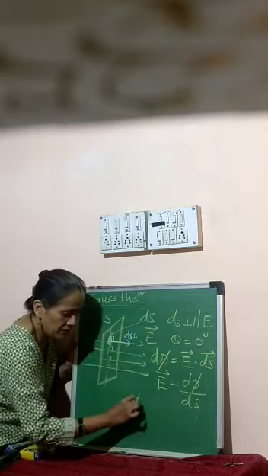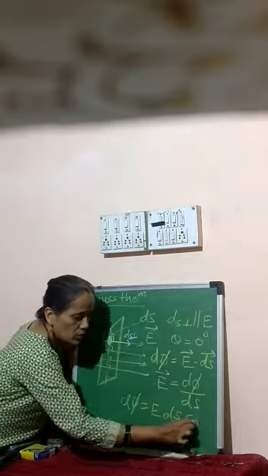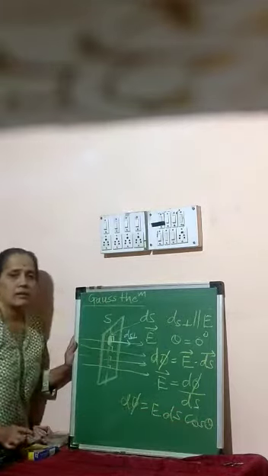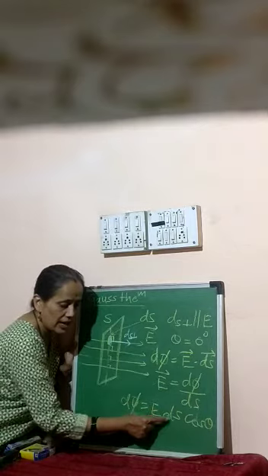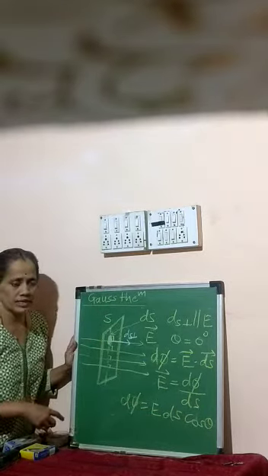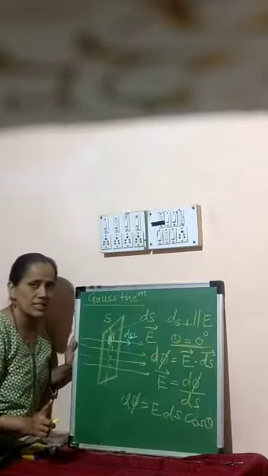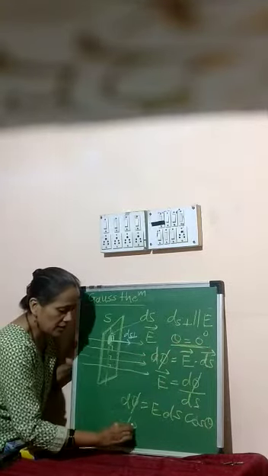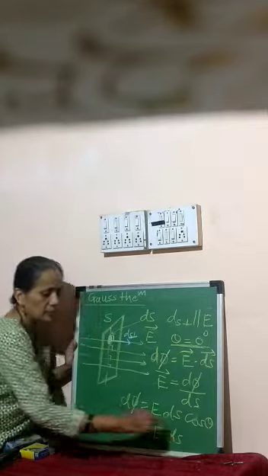If I solve that dot product, I get d phi equal to E ds cos theta, where theta is the angle between intensity and the perpendicular component of ds, which is 0, and cos 0 is always 1. So your flux d phi can be written as E into ds.